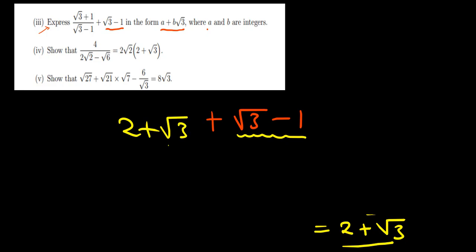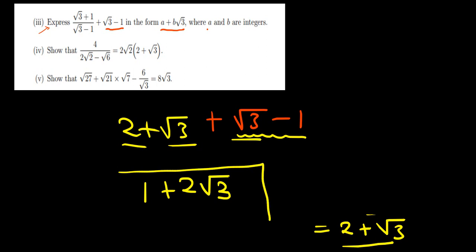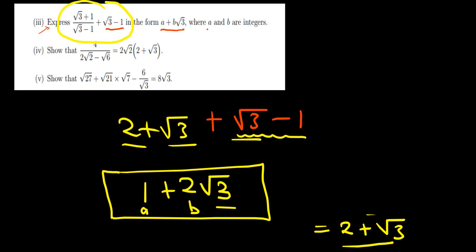We have root of 3 and root of 3, that is going to give us 2 root of 3, and then we have 2 and minus 1, that's going to give us 1. So the whole expression is 1 plus 2 root of 3. We've expressed the expression in the form a plus b root of 3, where a is 1 and b is 2. So that's how we solve the first one there.